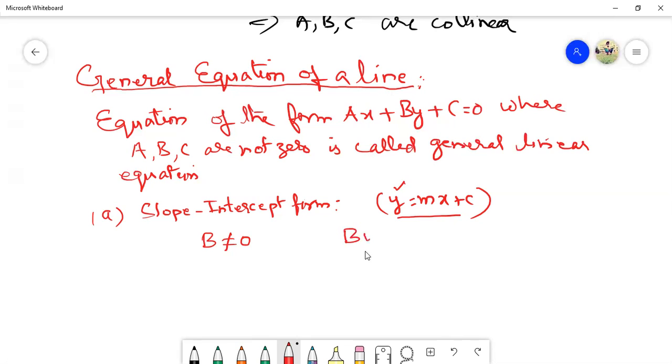So we can write by is equal to minus ax minus c, and dividing, y is equal to minus a by b x minus c by b.